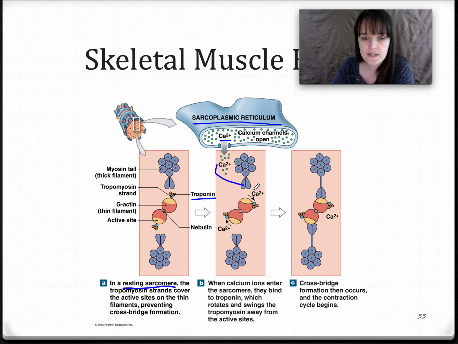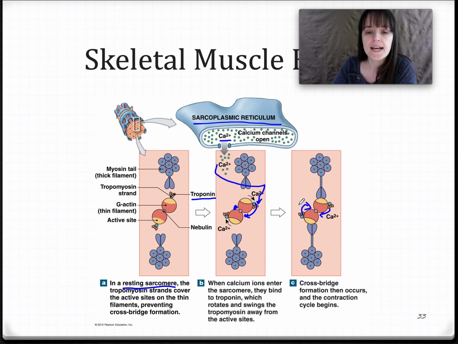Now the calcium comes and binds to the troponin, which moves the tropomyosin out of the way of the active site. And technically, the book says it will move them into these little divots between the G-actins. So it'll move all the way out of the way, like that.